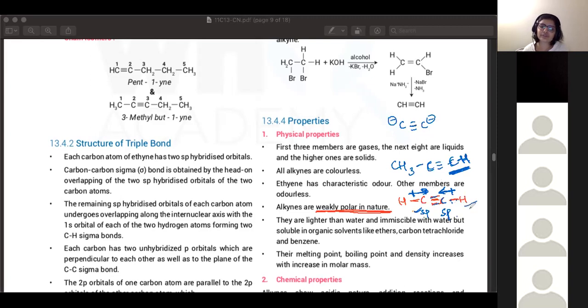It can let go of this hydrogen easily enough, so that strong polarity is still going to be there on both sides. So the overall net dipole moment will be zero, but it's still going to show the polar characteristics the way acids do, like HCl and all that.